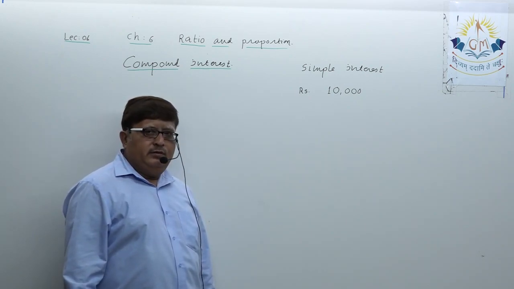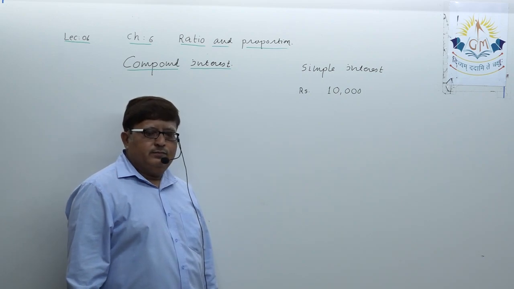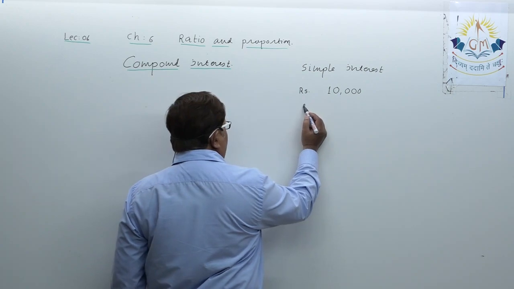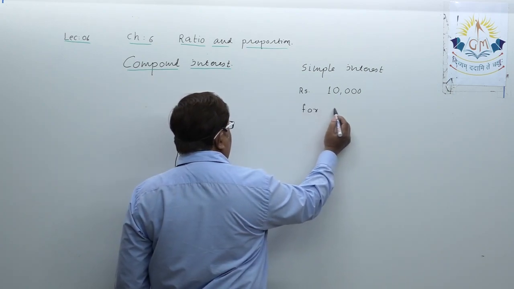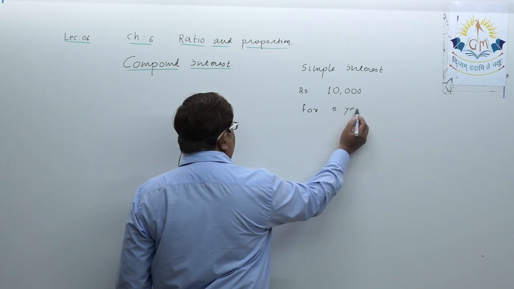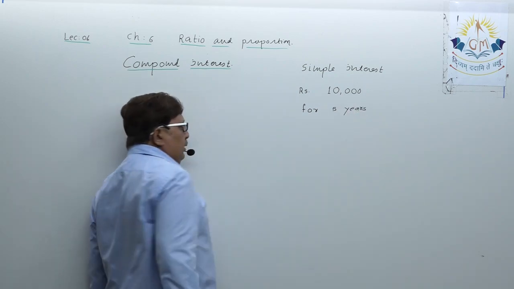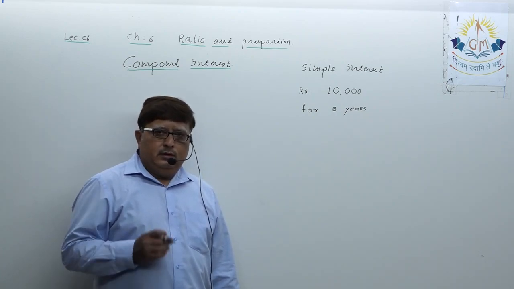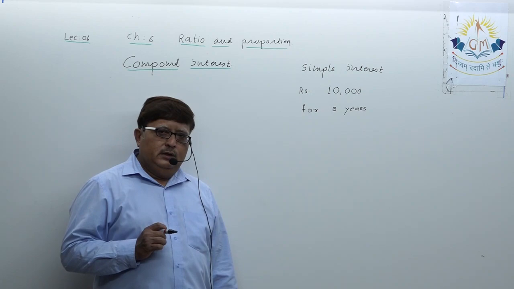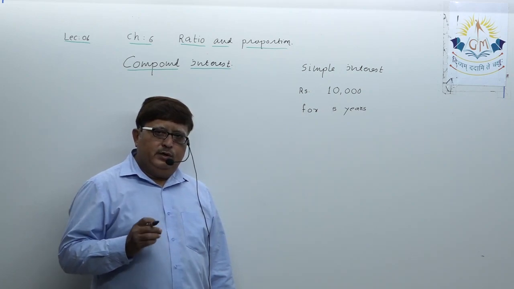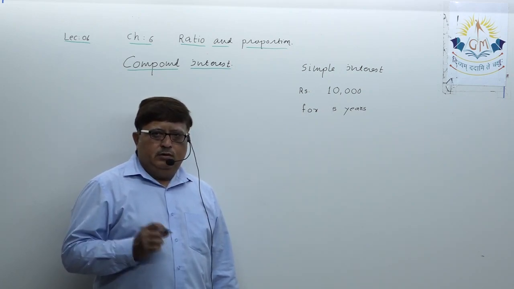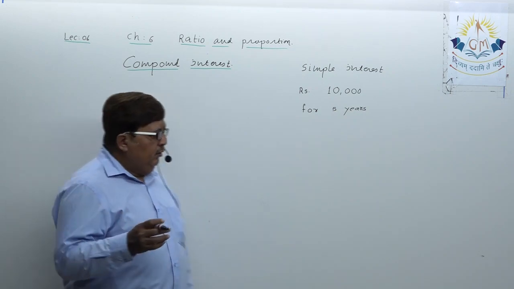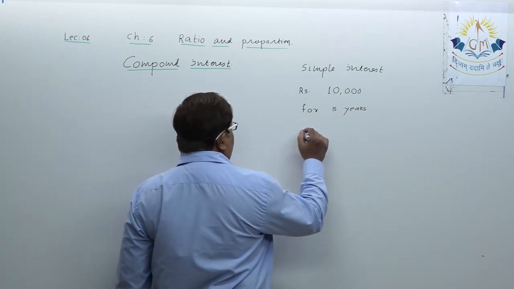Suppose for 5 years you borrowed rupees 10,000, okay? For 5 years, you all know, dear student, every year you have to pay interest on the rate of the percentage decided, which we call rate of interest.